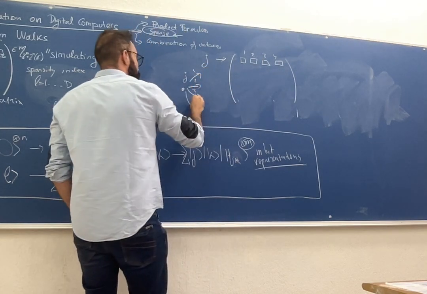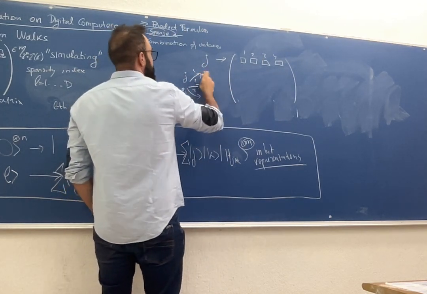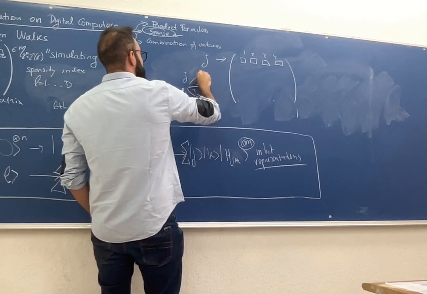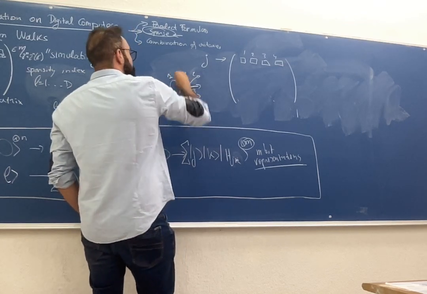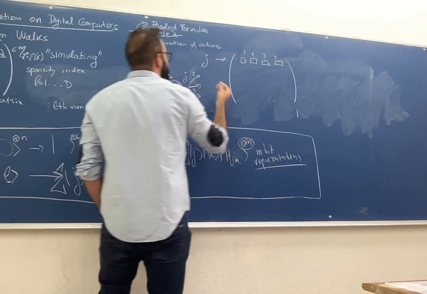And, well, this is a self-loop, actually. So imagine that these values here are probabilities.